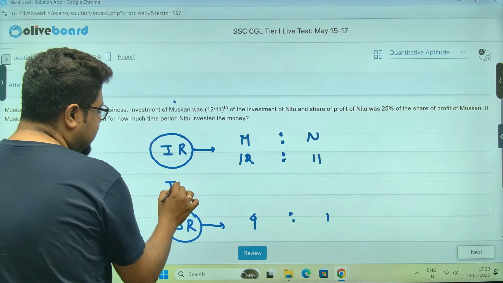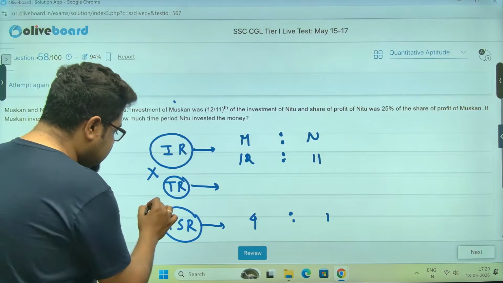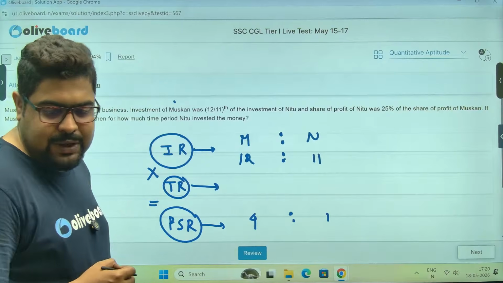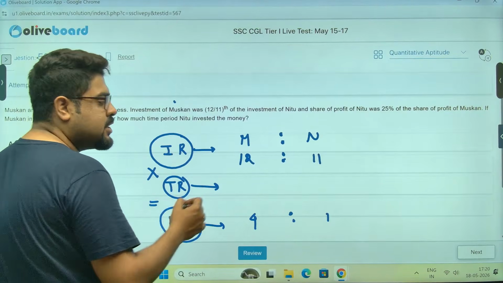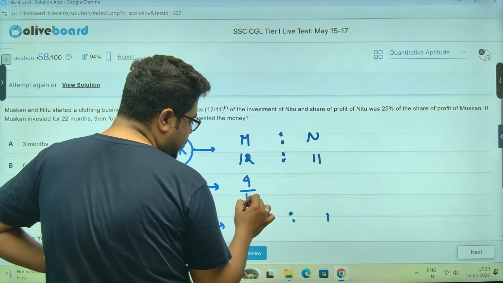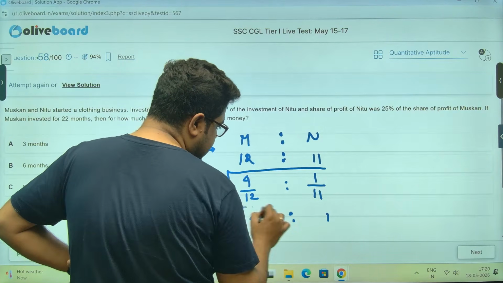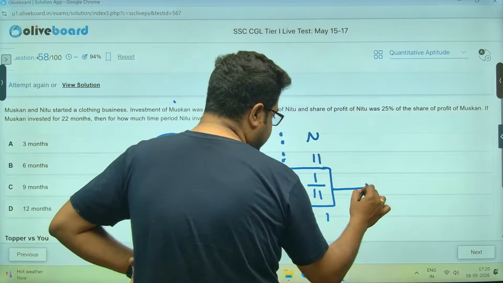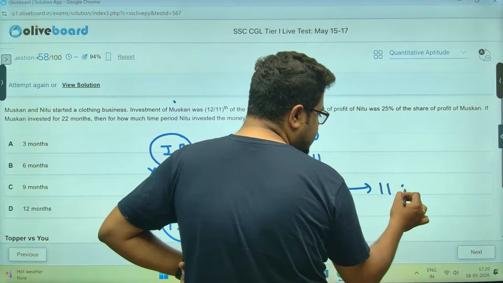We all know investment ratio into time ratio is equal to profit sharing ratio. So time ratio is profit sharing ratio divided by investment ratio. Profit sharing ratio 4 by 12, 1 by 11. Cross multiply, this will be 11 to 3.